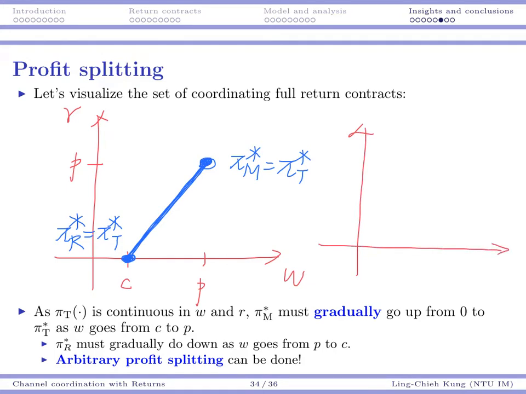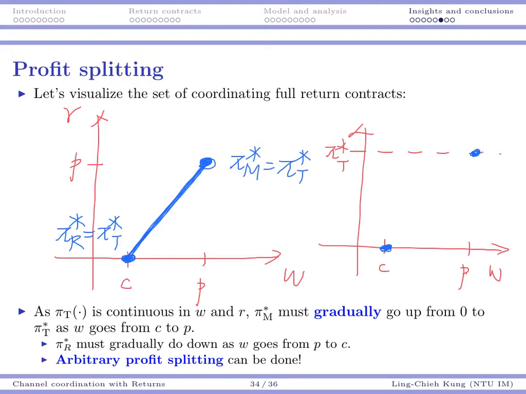Let's say this is W, from C to P. There is one level, which is just pi t star. What I want to draw are the manufacturer's and retailer's profit as a function of the coordinating wholesale price. When W is C, the manufacturer is getting nothing. But when W is P, the manufacturer is getting everything.